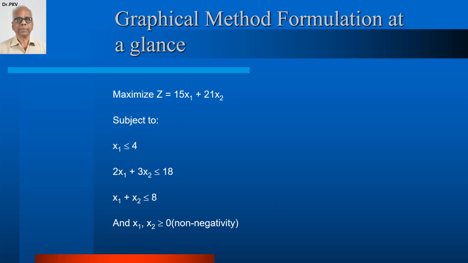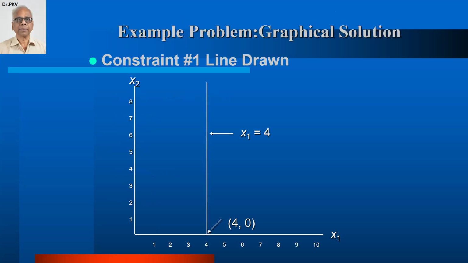So first thing we do is to draw the lines in the x1, x2 plane. So line 1 is drawn, which is constraint 1 as a line, x1 is equal to 4.